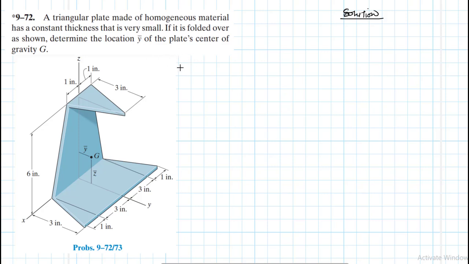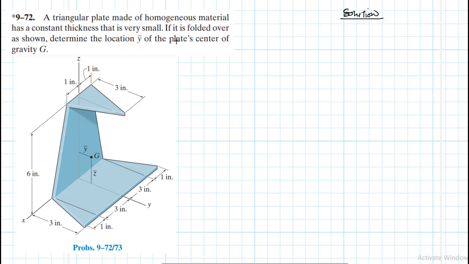When the material is homogeneous, it simply means the material property at every point throughout the whole body of the material is the same. These material properties would include density, elastic Young's modulus, Poisson's ratio, and so on.